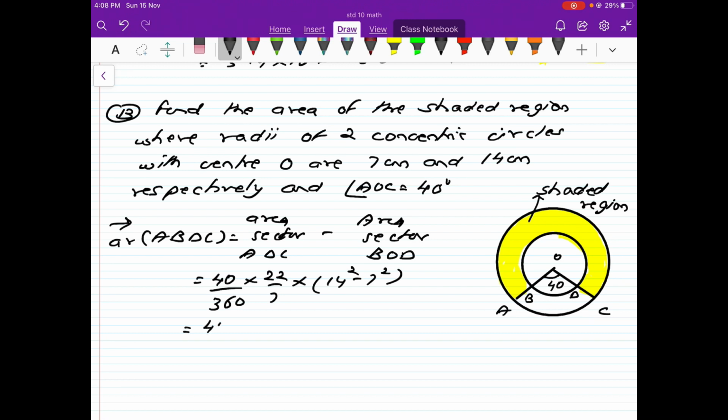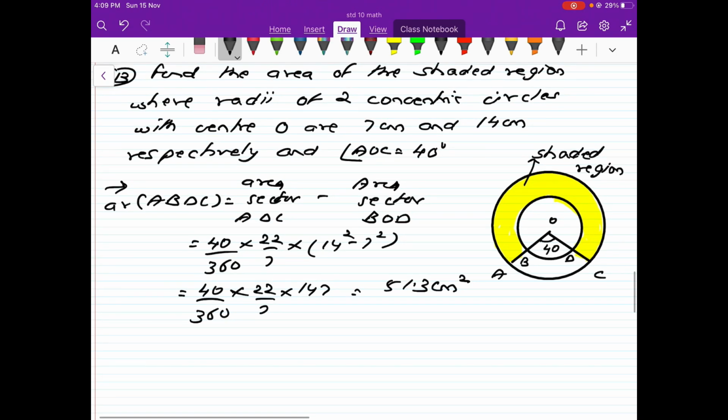So we are getting 40 upon 360 into 22 upon 7 into 196 minus 49. So that is 147. So this is giving us 51.3 centimeters square.